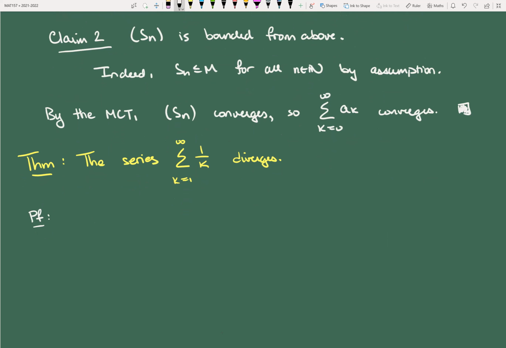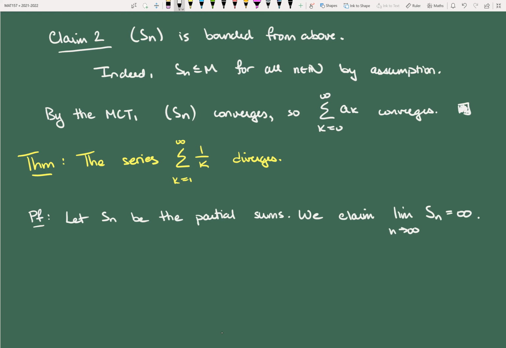It becomes as large as you want it to be, right? So let Sn be the partial sums. We claim that the partial sums go to infinity.